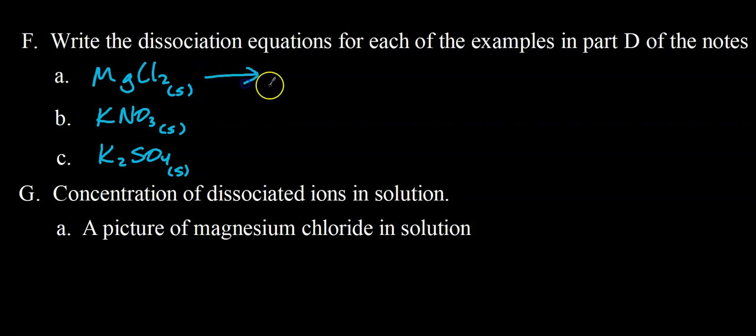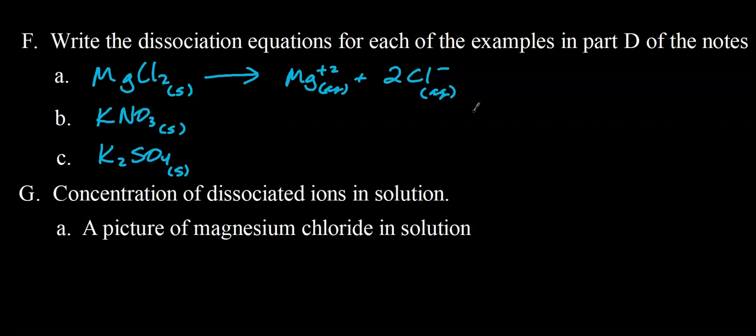What we're trying to show here is what happens when you put that soluble compound in water. So it's going to dissociate. It's going to break apart into magnesium ions, a charge of +2, and chloride ions, which have a charge of -1. Make sure that your equation is balanced.